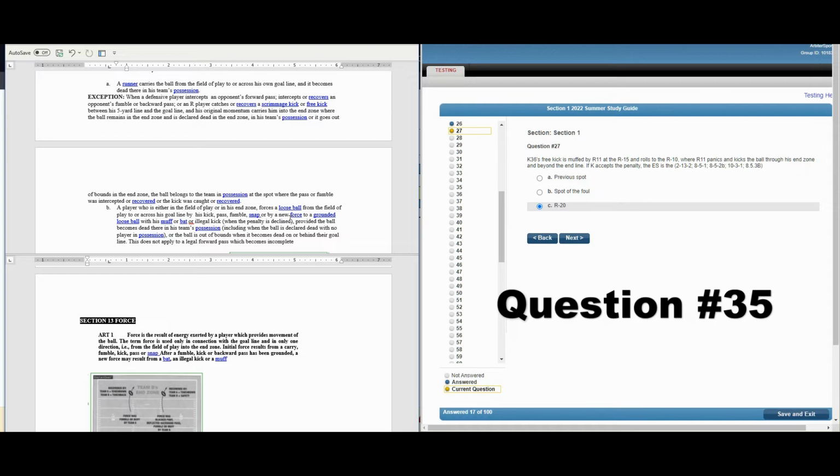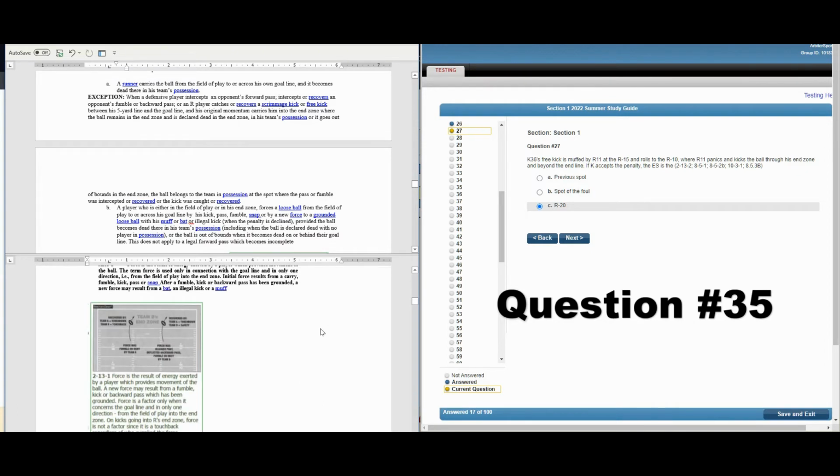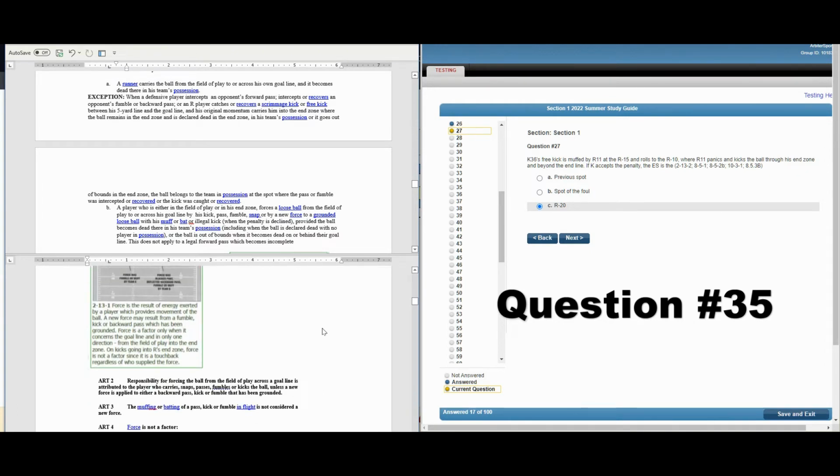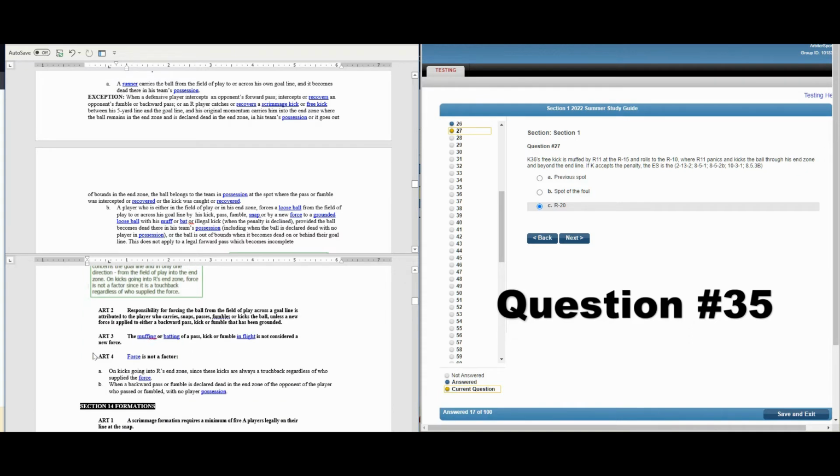And this is the part that I just don't get. Clearly, this kick falls under the category of a new force. And R was responsible for putting the ball into the end zone. But if you read the force rule, Article 4, force is not a factor on kicks going into R's end zone, since those kicks are always a touchback, regardless of who supplied the force.